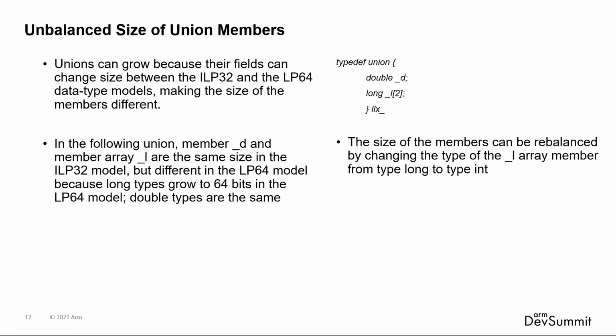So we have the typedef union double_t and long_t with an array with 2 elements. The size of the members can be rebalanced by changing the type of the _L array member from type long to type int, or better, to int32_t, which always has the same meaning regardless of data model used.